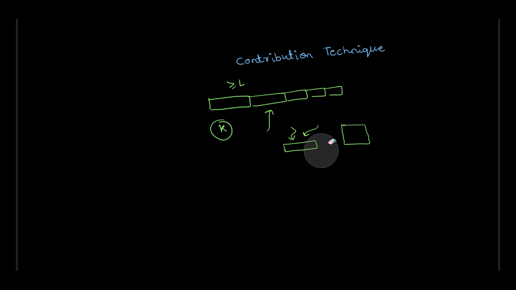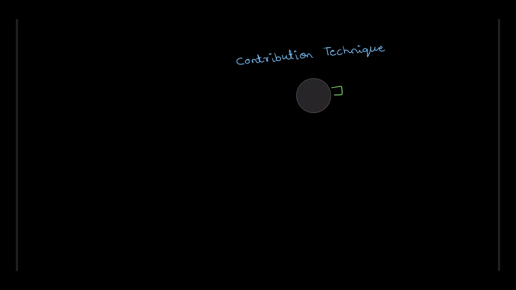The idea of this part that I'm going to discuss originates from that contribution technique itself. We have seen that for a fixed M, every time you get that U and V are in the same connected component, right?